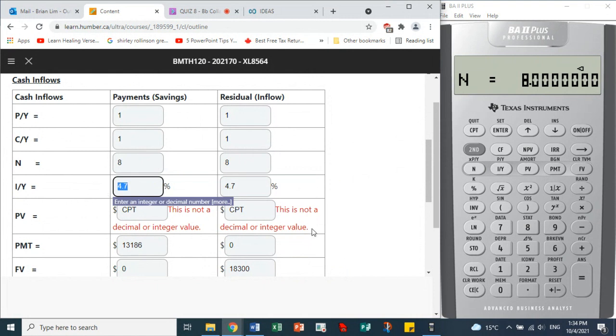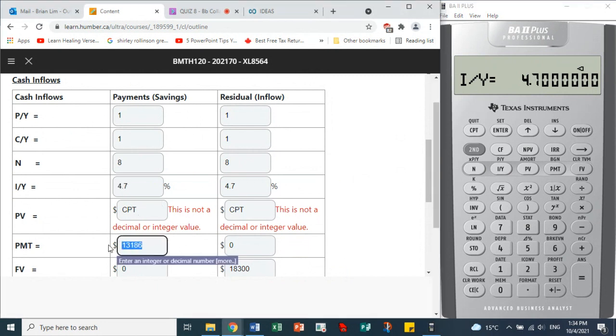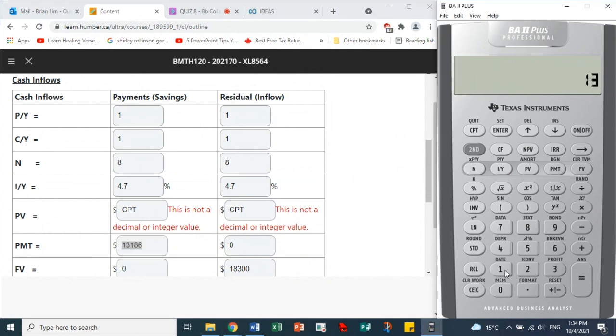All right, interest rate is 4.7, so we go 4.7 IY. Present value we're computing. Okay, payment in this first one is 13186, and then we enter that as the payment. All right, 0 for the future value.